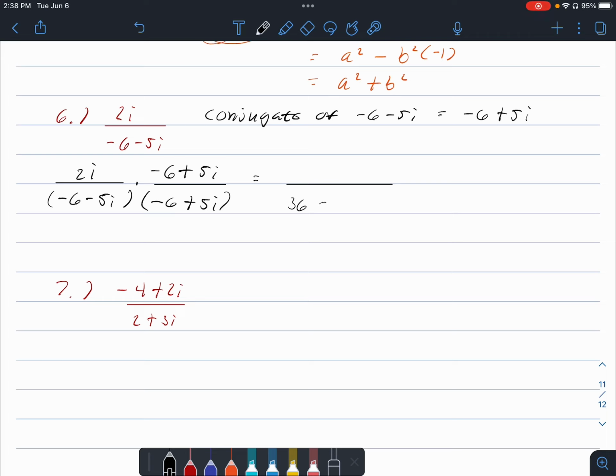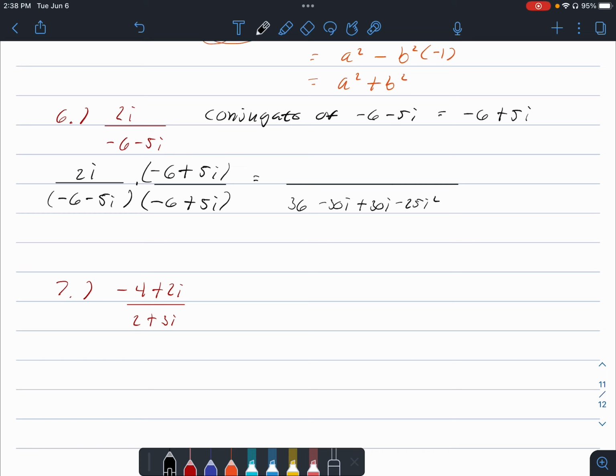So that's minus 30i. We have negative 5i times negative 6. That's plus 30i. And then we have negative 5i times positive 5i. That is minus 25i squared.